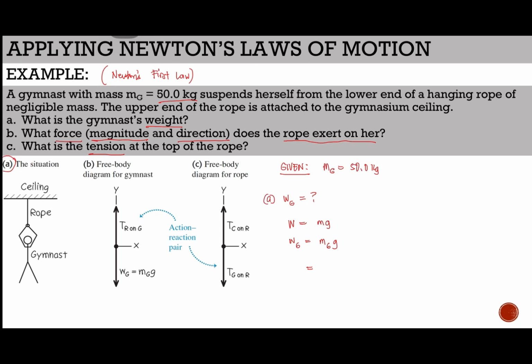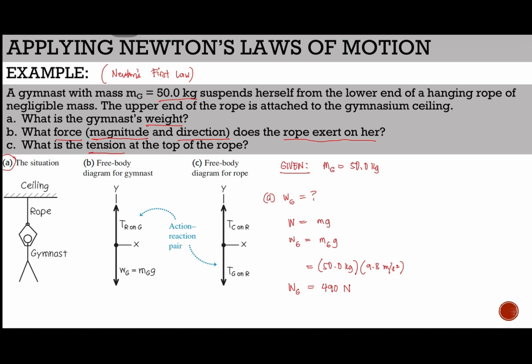The mass is 50 kilograms, and the value for g is 9.8 meters per second squared. Then the weight of the gymnast, if you calculate this, will be equal to 490 newtons. So the weight of the gymnast is 490 newtons.